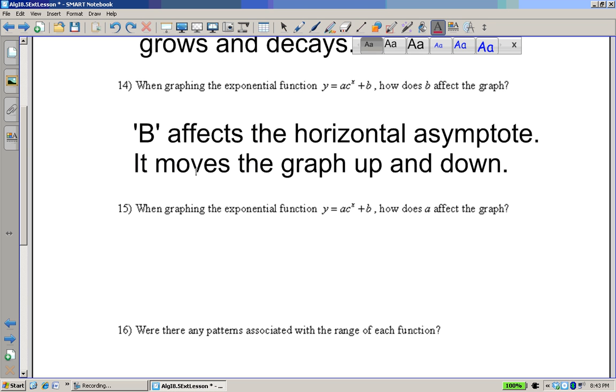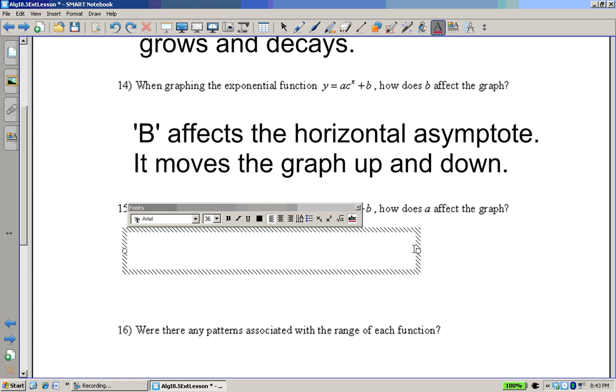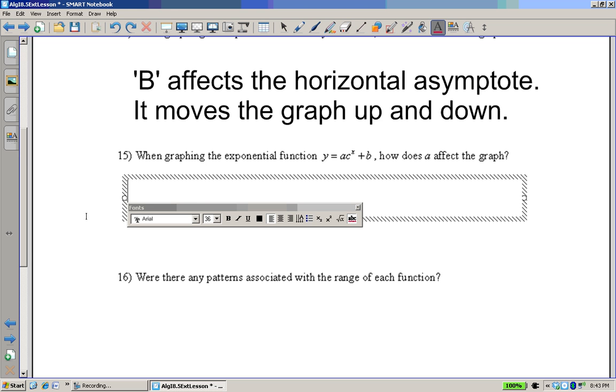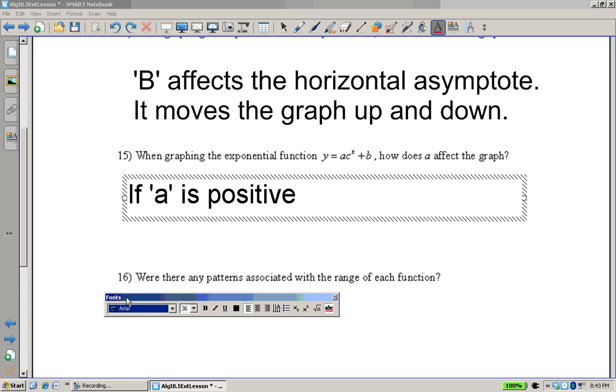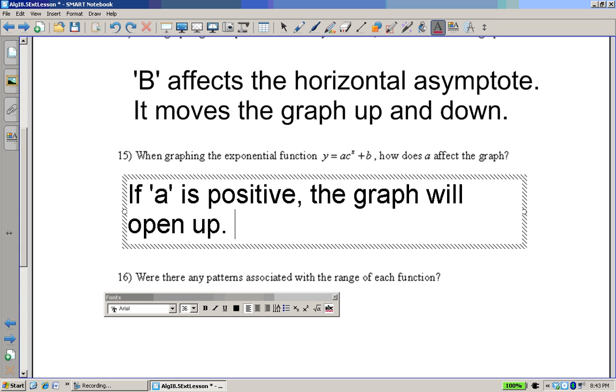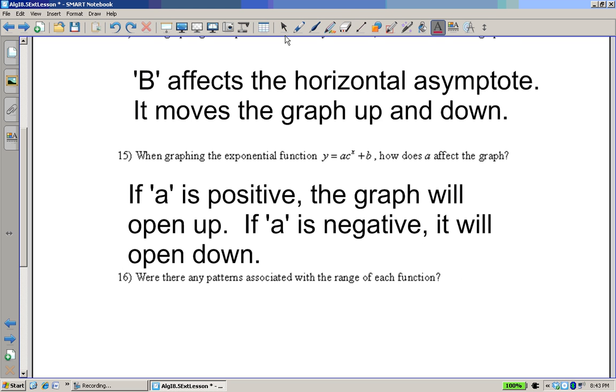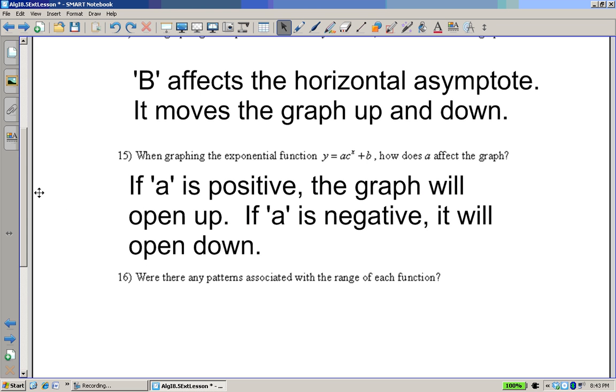If it's negative, the graph will open down. So effectively, it's going to invert the graph up or down.